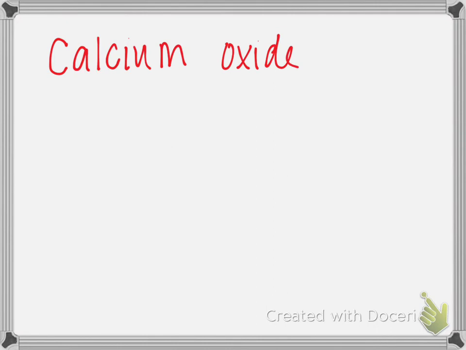All right, the very last thing I want to look at here with naming these compounds is that if we have subscripts, for example, let's say we wanted to build the formula for calcium oxide. So I'm going to find calcium, it's a +2.